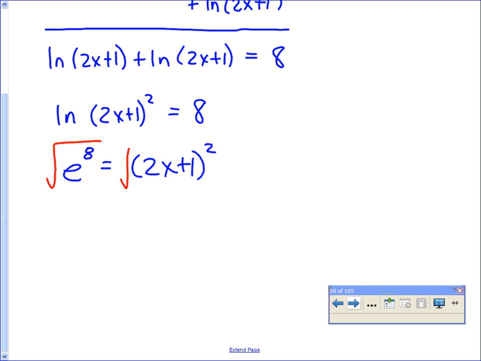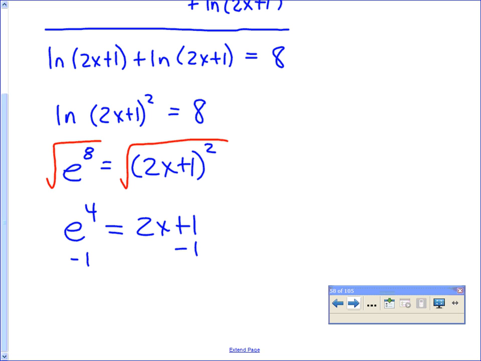When you take the square root of both sides, you have to remember to do plus or minus. But e to the 8th is never going to produce a negative, so you only need to deal with the positive here. So just the square root of e to the 8th, and when you do that, you're going to end up with e to the 4th equal to 2x plus 1. And then we're just solving for x.